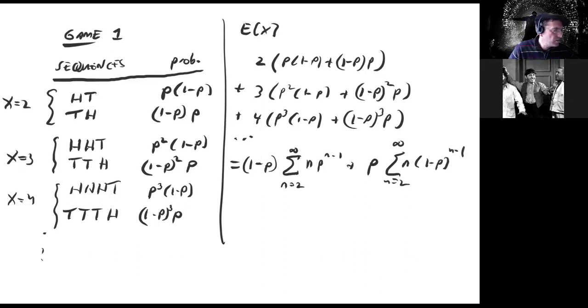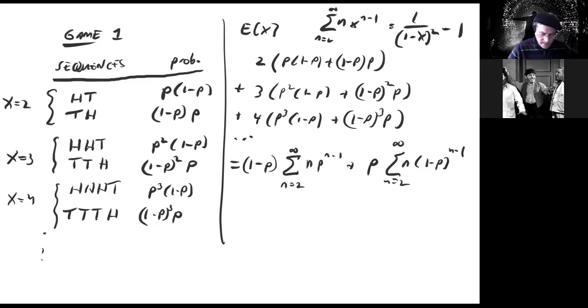Okay, so now we make use of the formula that the sum of n x to the n minus 1, n goes from 2 to infinity, is 1 over 1 minus x, minus 1. And I should have put a square here.